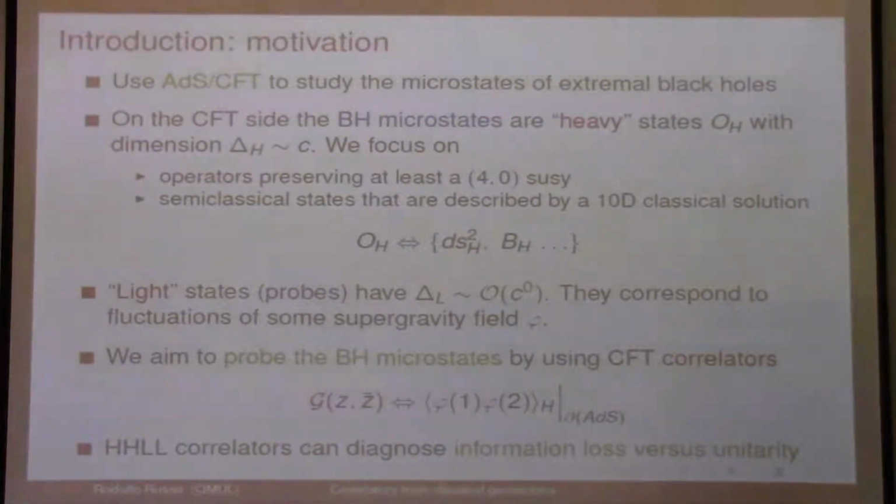Once you calculate this 2-point correlator, you evaluate it at the boundary of the space. The boundary is still AdS3 cross S3, and that would be directly related to the 4-point correlator.